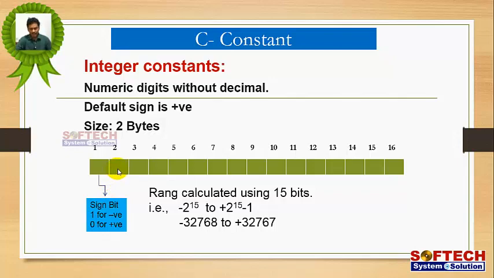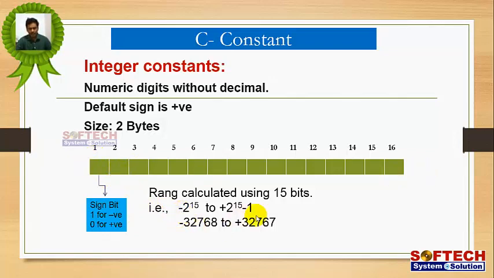Because only 15 bits are available, we can store only some range of values. We cannot store any value, it is restricted. So how to find the range of the integer? The first bit is the sign bit, and the remaining 15 bits are there.